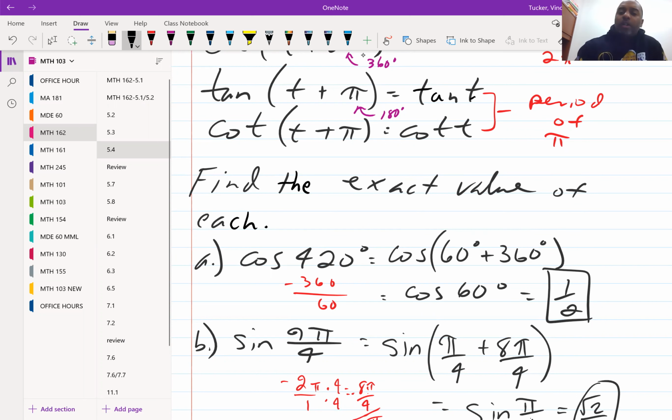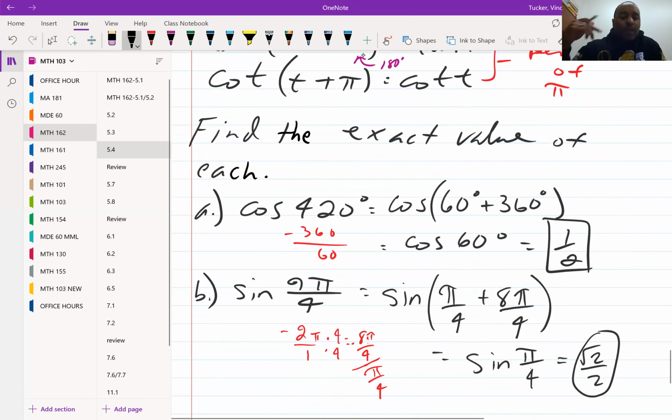All right. Going to the next one, same thought process for sine because it's 2 pi, but we're dealing with radians. And we have this fraction of 9 pi over 4. So we need to convert 2 pi into a fraction that has a denominator of 4.